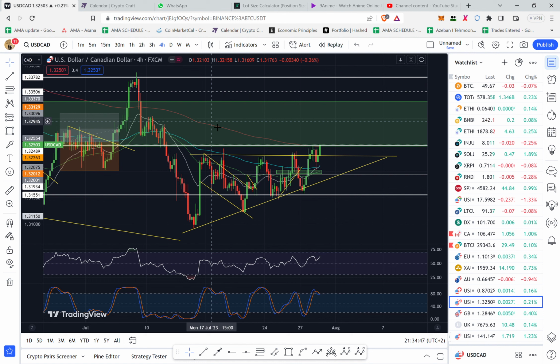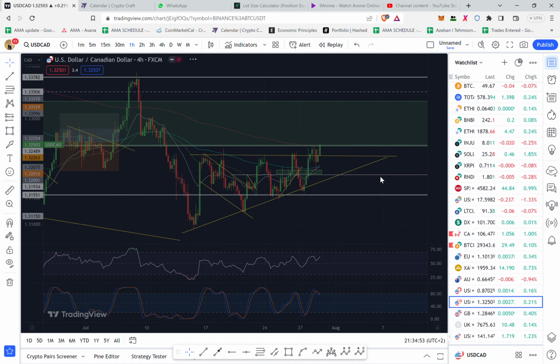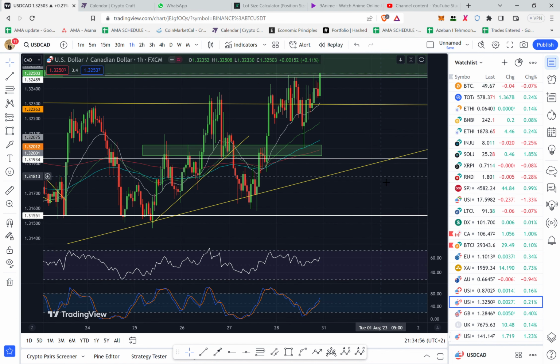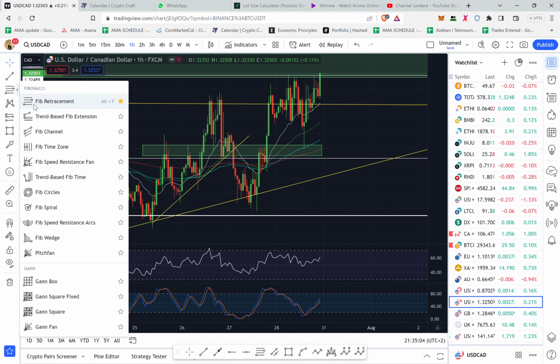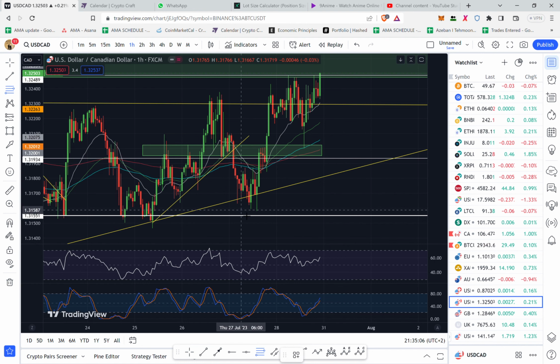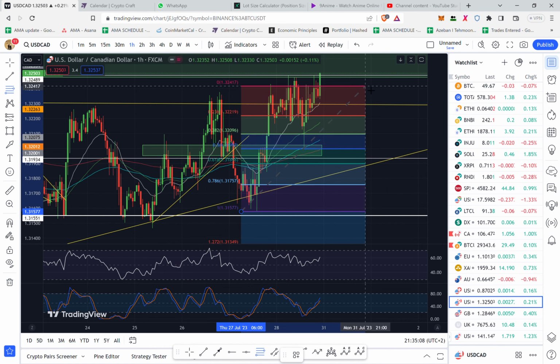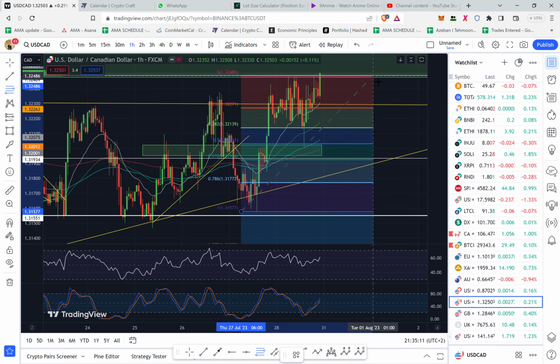But for an entry, I'll have to look at what the potential good entry could be. I'll have to head down to the 1-hour time frame. We had a retest of 0.5 and bounce.